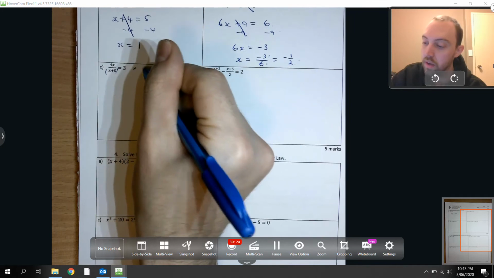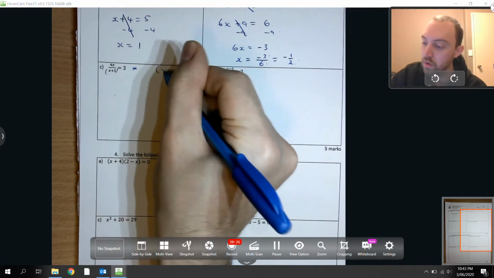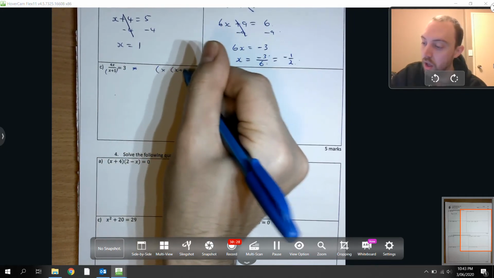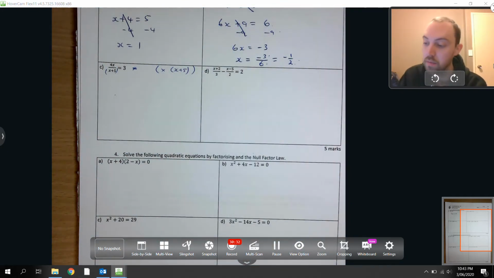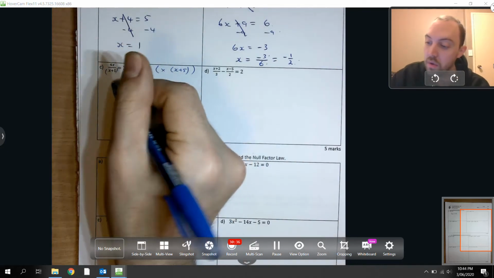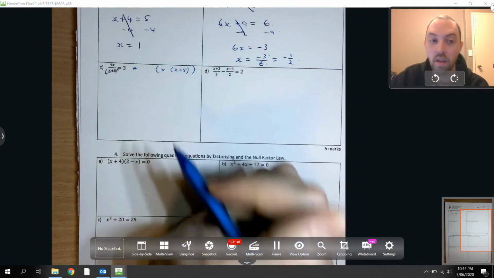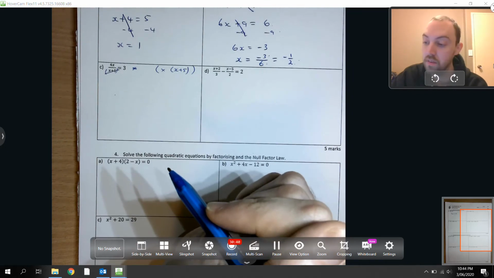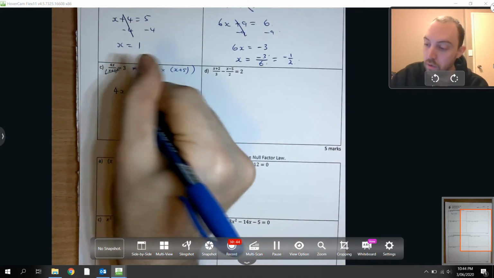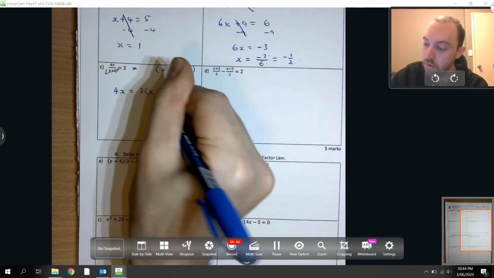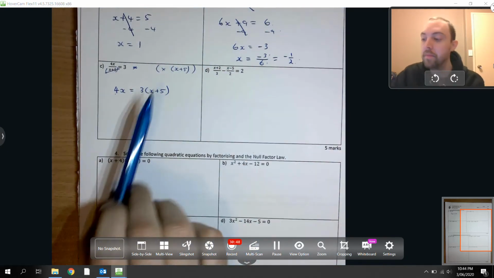That is the step that I'm taking. Times by x plus 5 on both sides to keep it balanced, which would leave me, times by x plus 5 divided by x plus 5 is just 1, so it leaves me 4x, but I've got 3 times x plus 5 on this side.